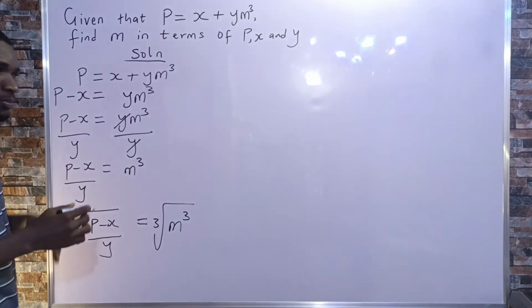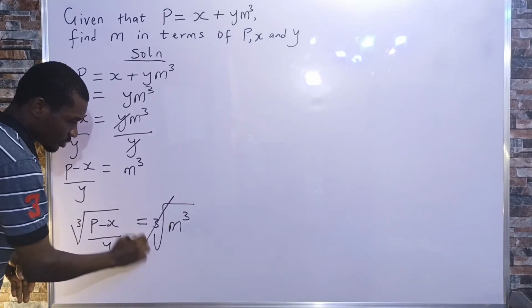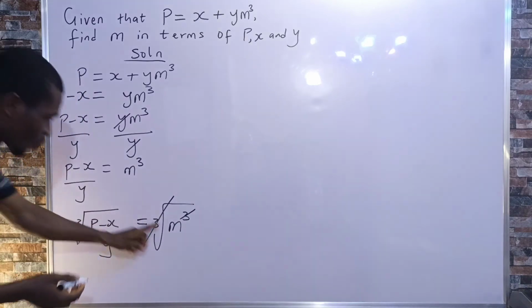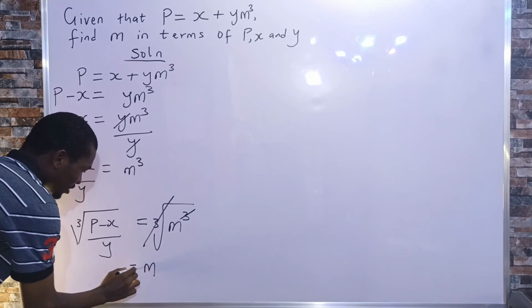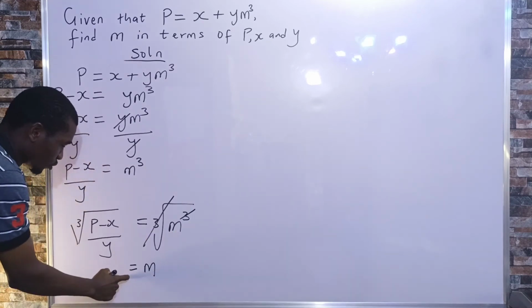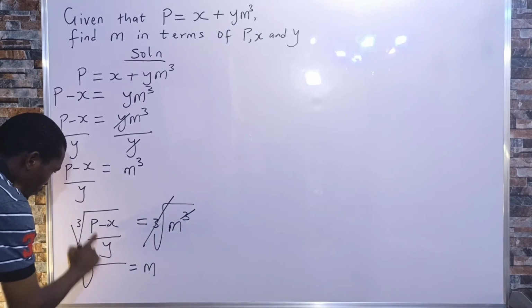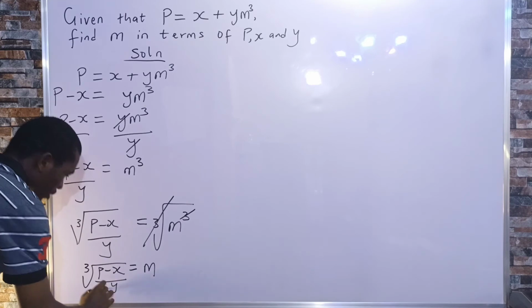Then remember that mathematically the cube root can easily cancel out the cube, hence we are left with only our m, and this m is equal to the cube root of p minus x all over y.